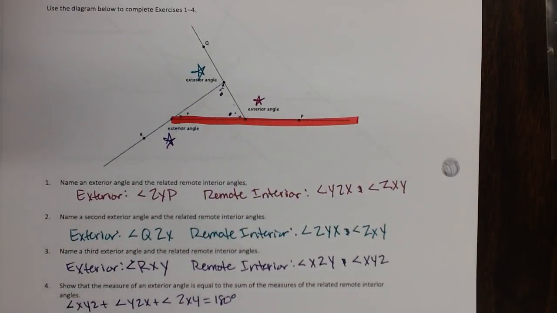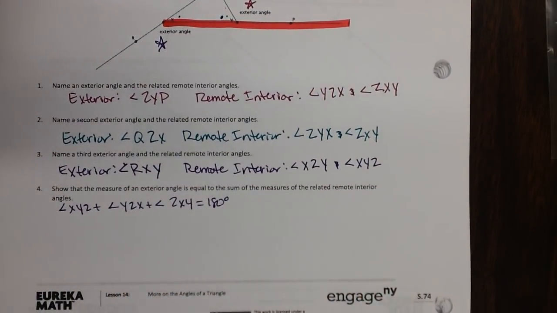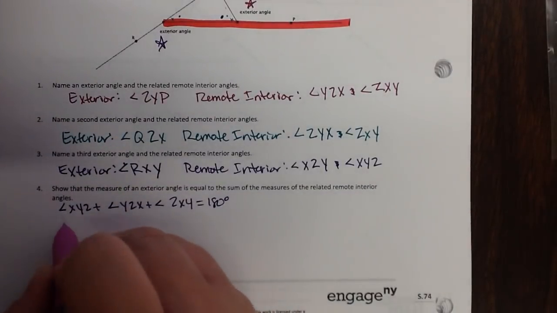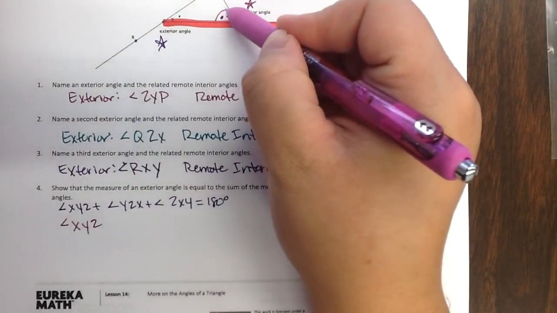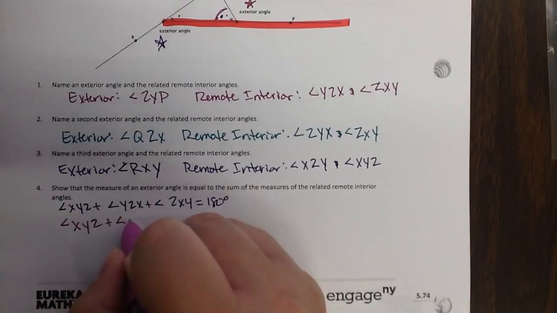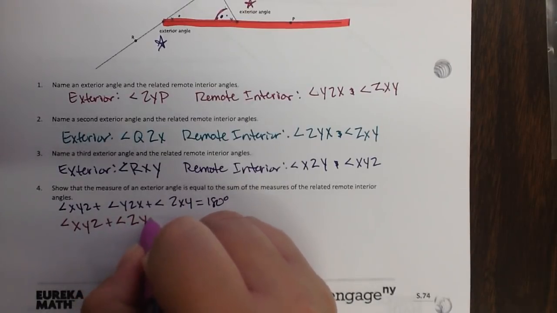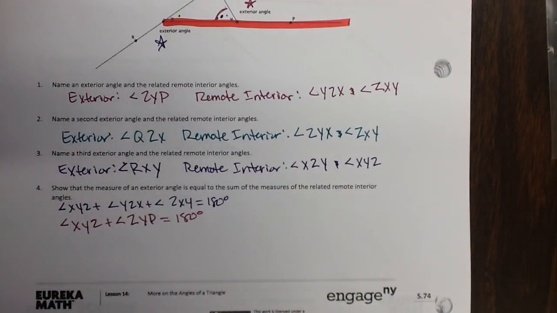Okay? So, I know that angle XYZ, this one right here, and this exterior angle right here, angle ZYP, equal 180 degrees because they're a straight angle.